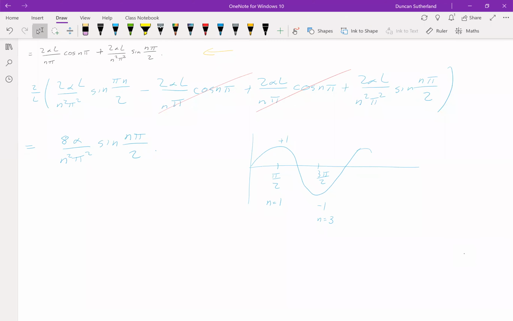So that's actually what our a_n is equal to. And we're done. And that's the answer I got on the cheat sheet as well, so go me.